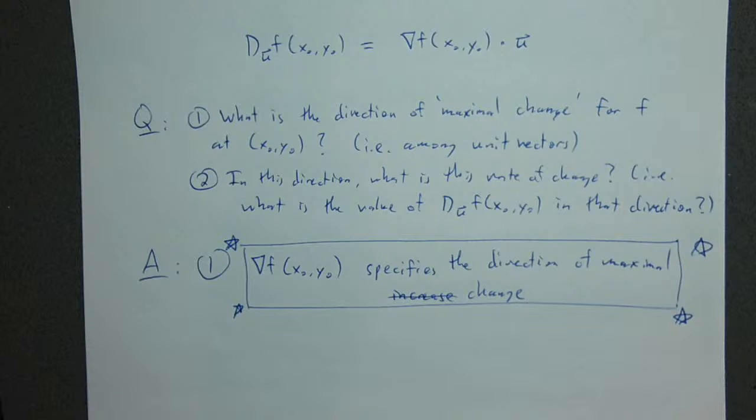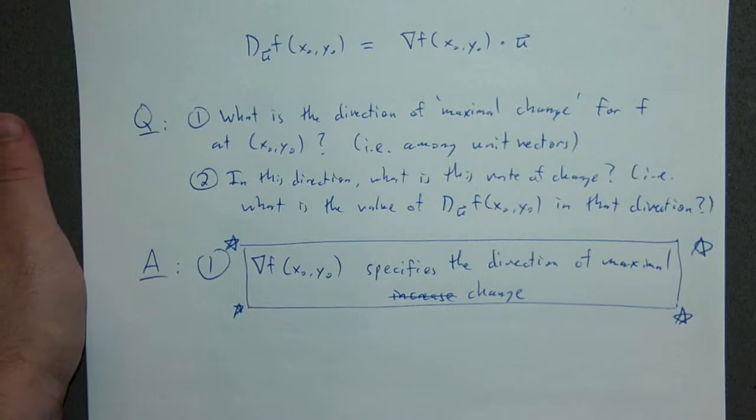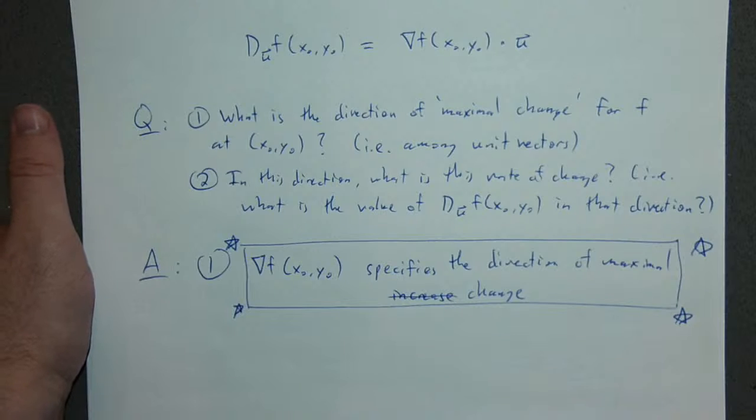It's going to point out the direction of maximal change, period. So that's why it's probably better to put change here. But what I had written was perfectly fine. So this specifies the direction of maximal change.